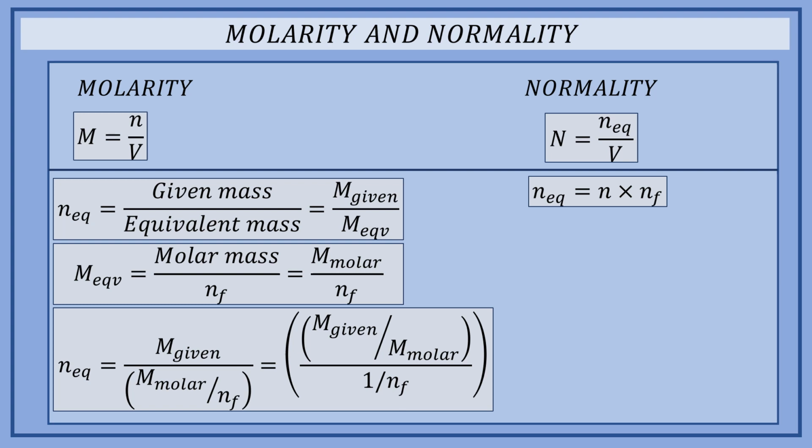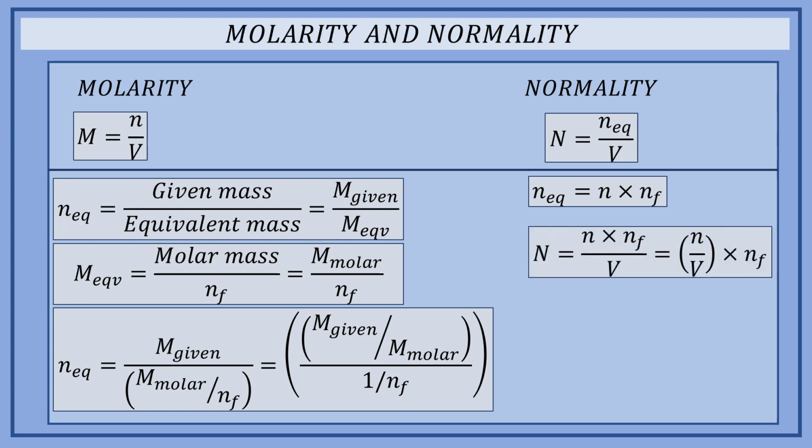So normality will be equal to n into nf divided by volume. Now we club the number of moles upon volume in one term, which becomes the molarity as per the definition. So normality is equal to molarity times n factor. This n factor will depend upon the type of compound that we are using.